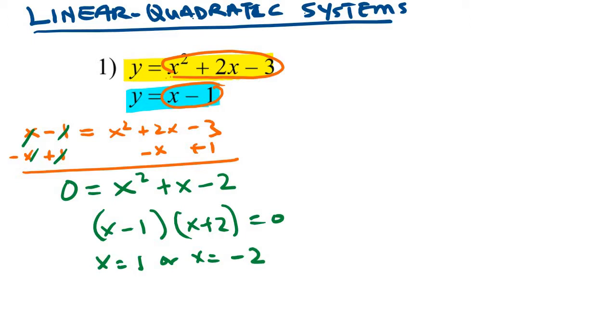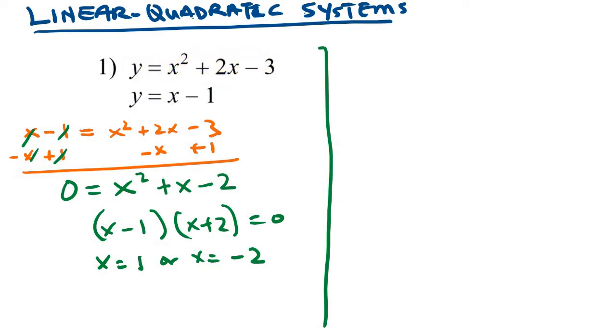Now this is a system of equations, so we have just found the x values. We need to find the y values, so we are going to plug this x value into one of the equations. I'm going to choose to plug it into the linear one because it's easier. So y equals, let's plug in x equals 1.